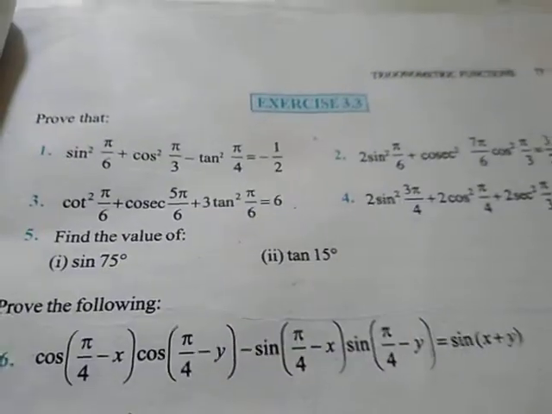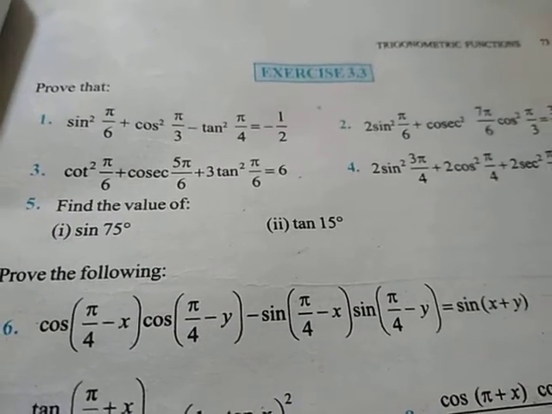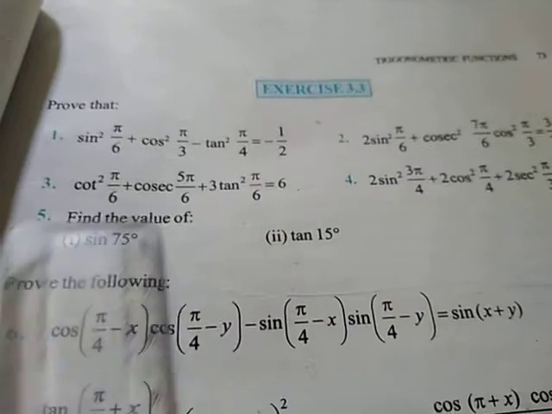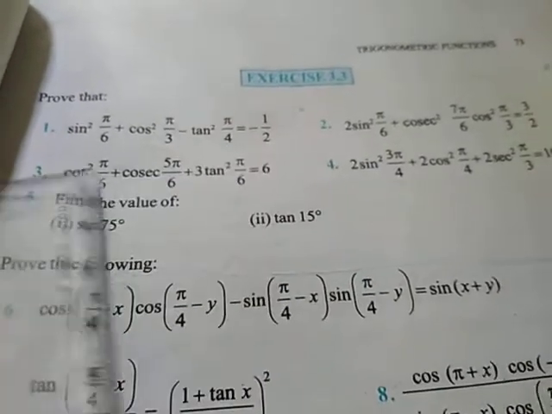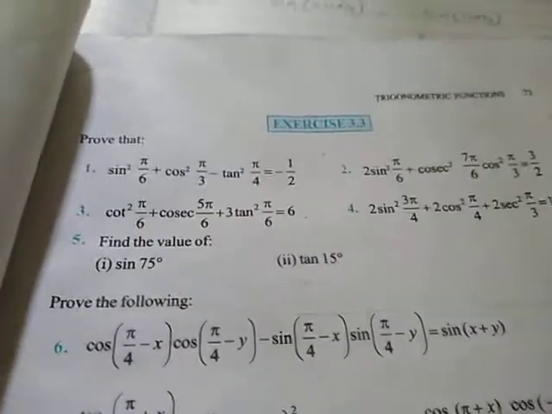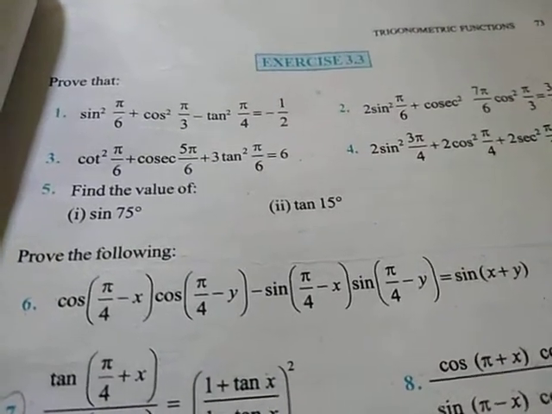Prove that sine square pi by 6 plus cos square pi by 3 minus tan square pi by 4 is minus 1 by 2. See, you only have to put the value of the angle and prove the value whatever is given. These 4 questions are homework.